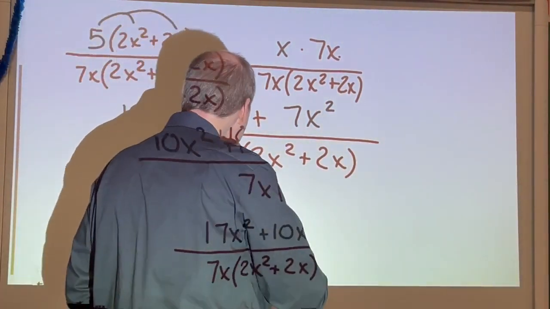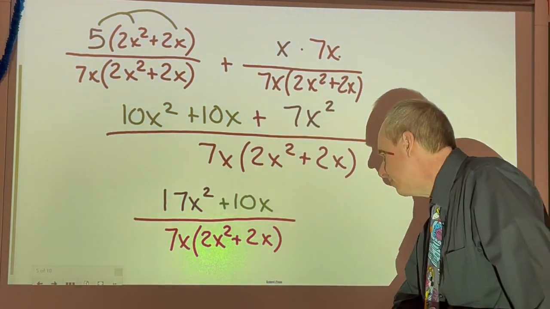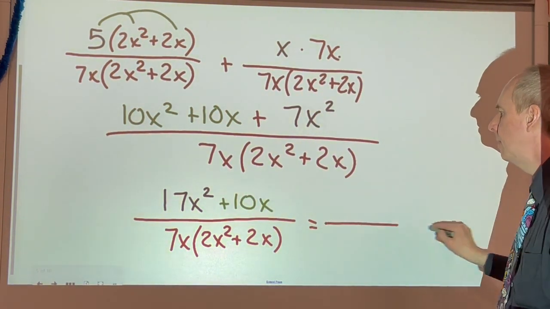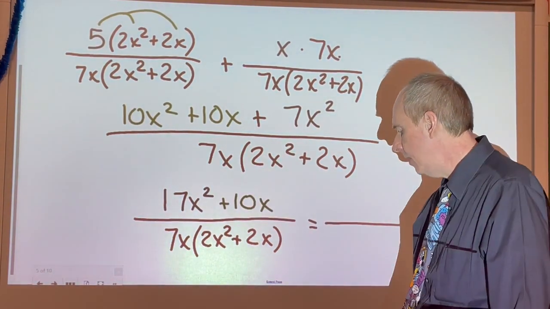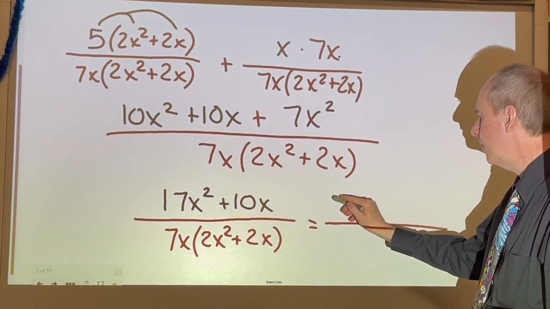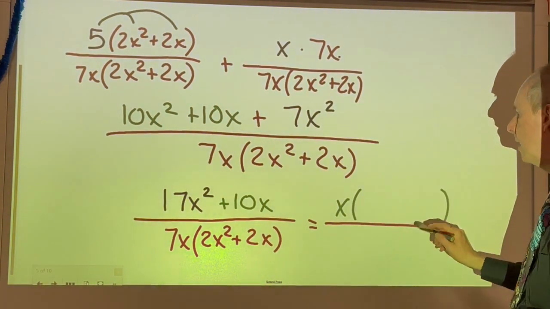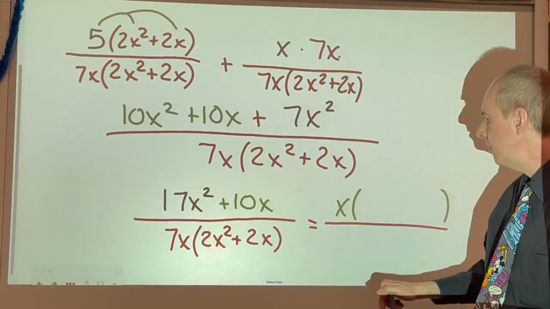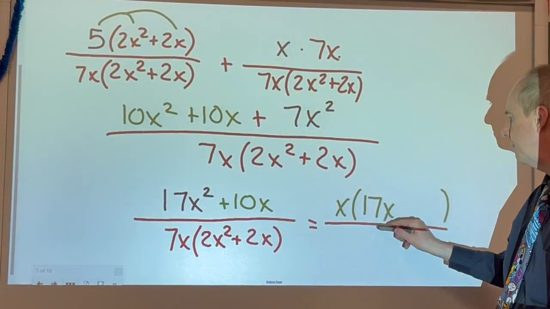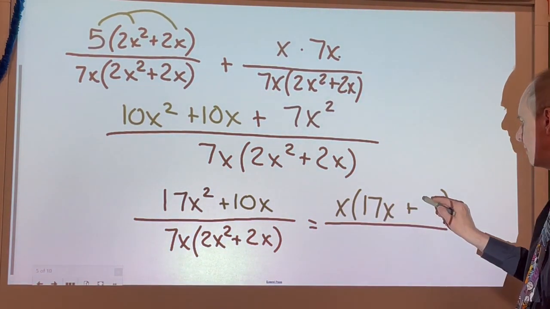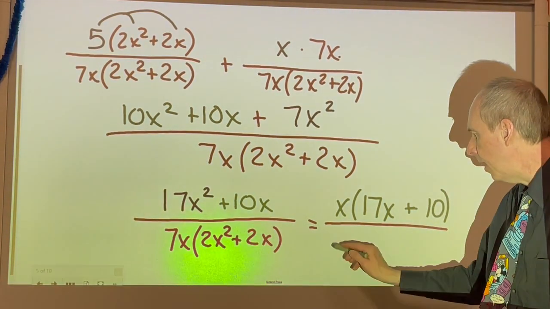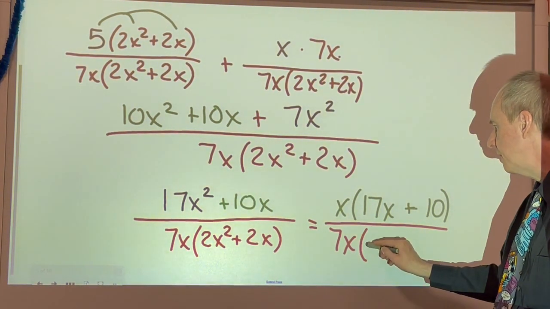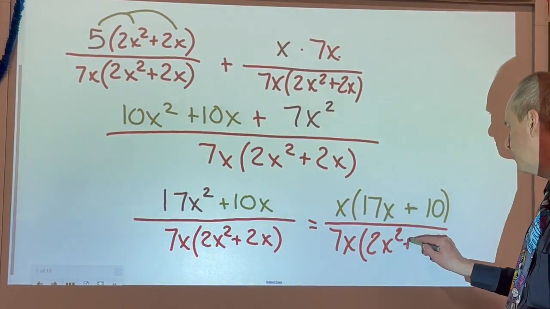Well, if I look at the numerator, 17x squared plus 10x, they both have an x. So let's factor out an x. If I take an x out of x squared, that leaves me 17x. If I take the x out of the 10x, it leaves me a 10. On the bottom, we got 7x times 2x squared plus 2x.